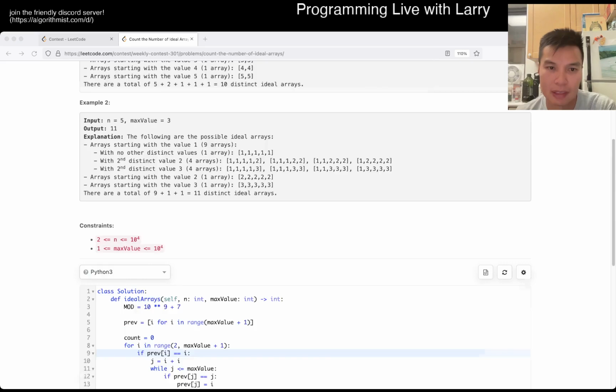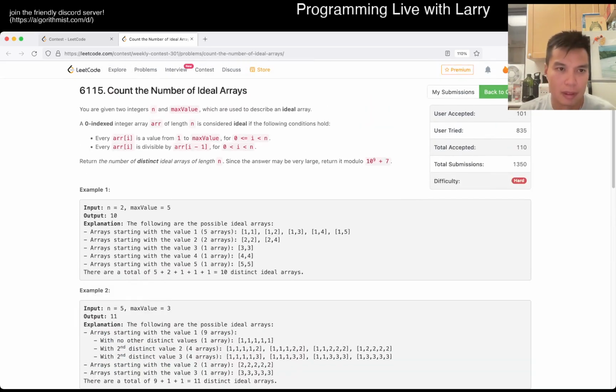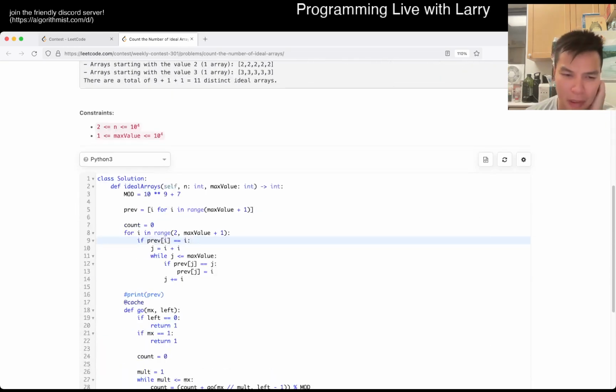I really have no idea. I think this is some... if I'm able to get rid of a dimension, I can do stuff, but I don't even know.